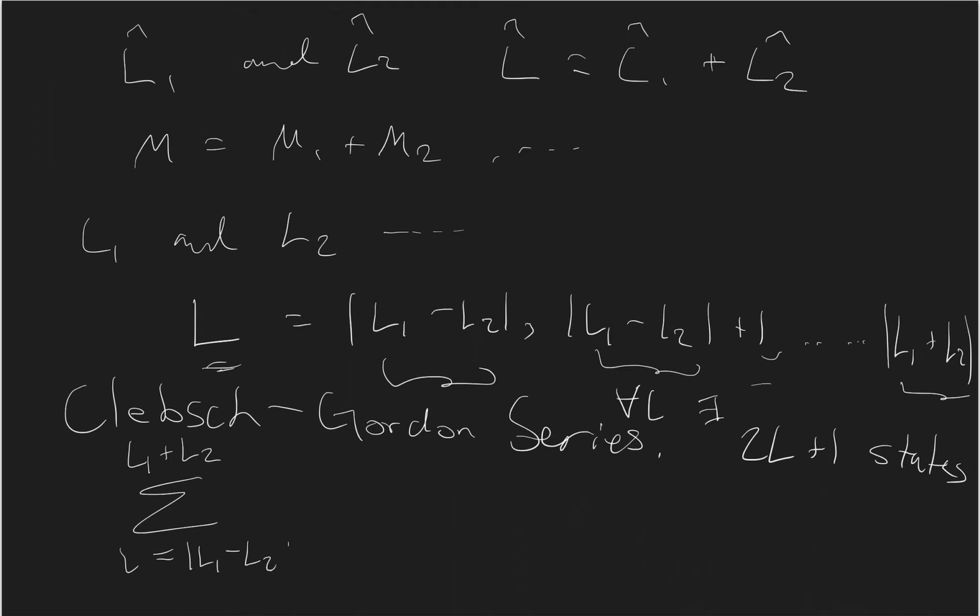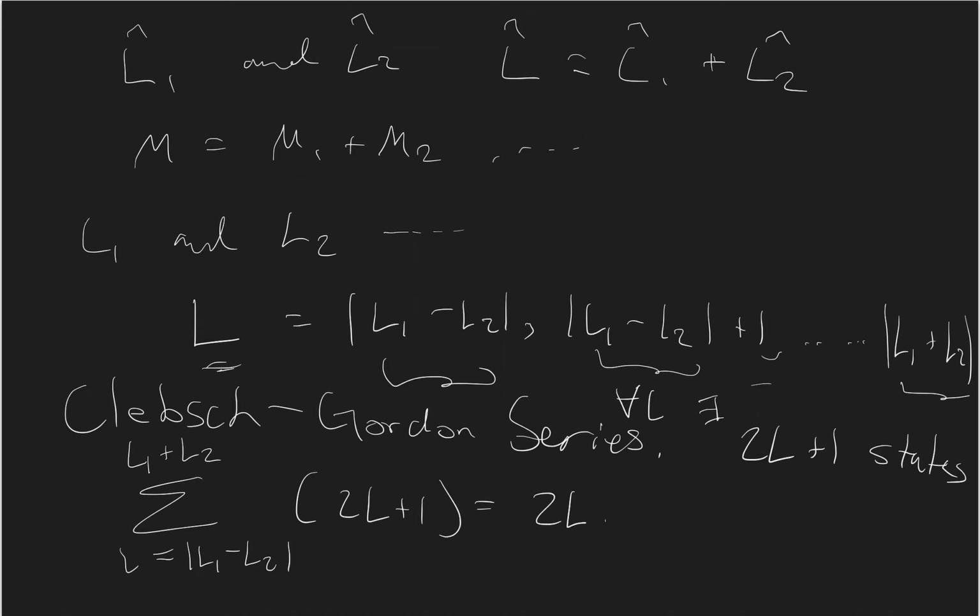Let's express this a little more compactly. We're starting from the magnitude of the difference between them, up to the sum of them. The total number of states is conserved, and so it would be the sum of 2L plus 1.